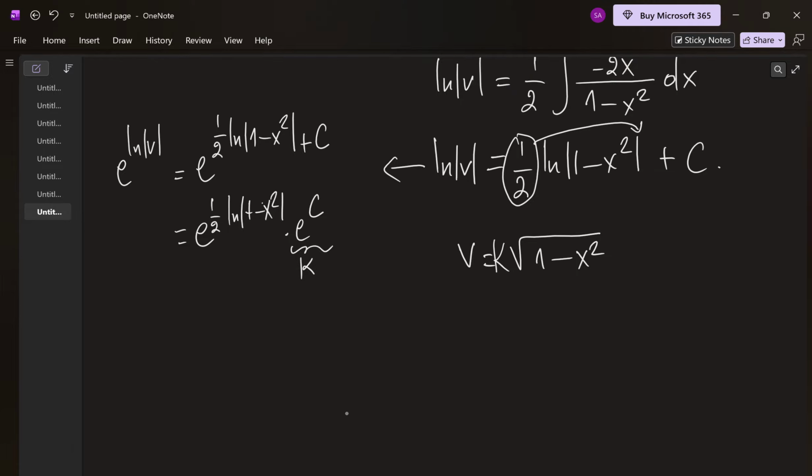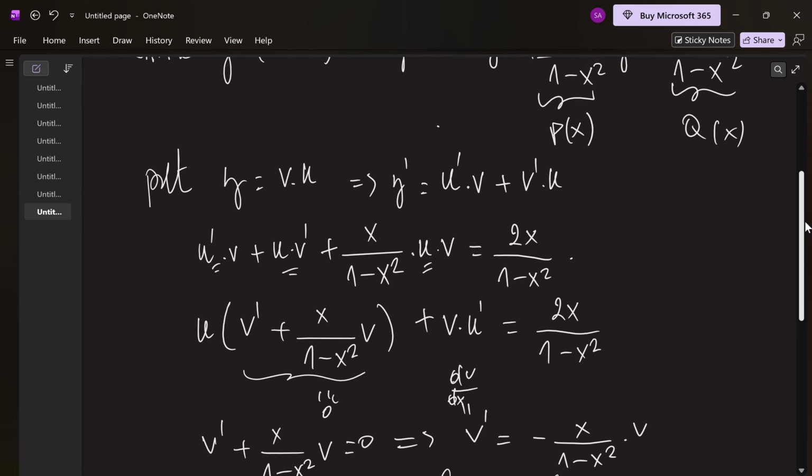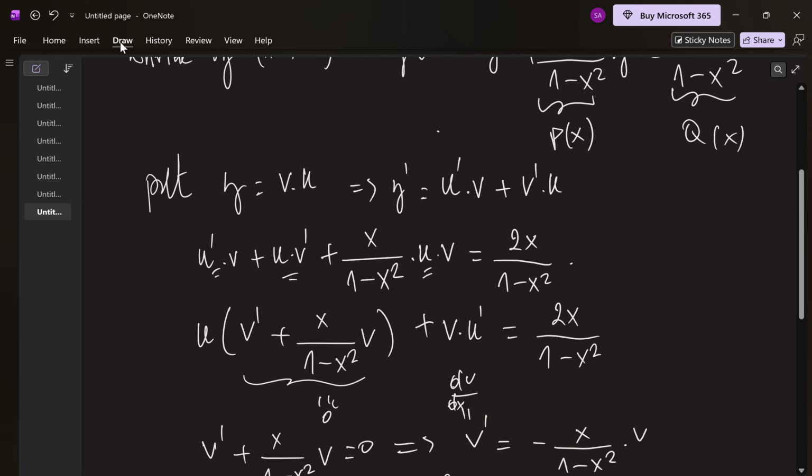Next, when you substitute v into this equation here, this part goes to 0. What remains is this part: v times u prime is equal to 2x over 1 minus x squared.